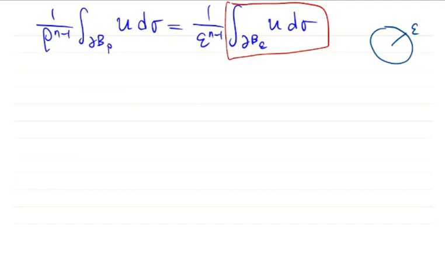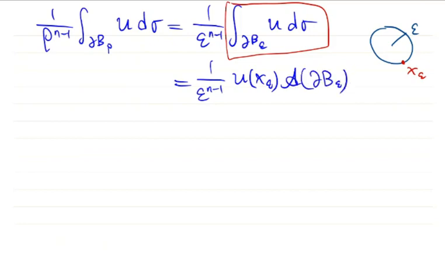For this surface integral, using the mean value property again, we can find a point x_epsilon on the sphere such that this integral equals u at x_epsilon multiplied by the area of this sphere of radius epsilon. But this area is precisely omega_n epsilon^(n-1).